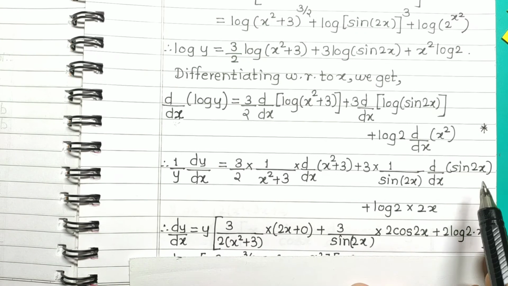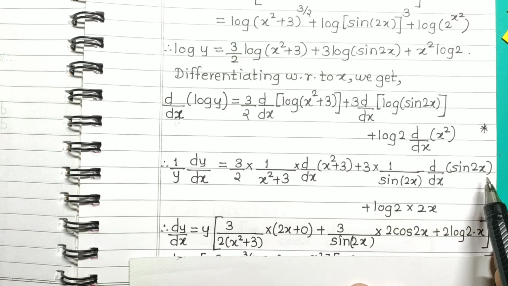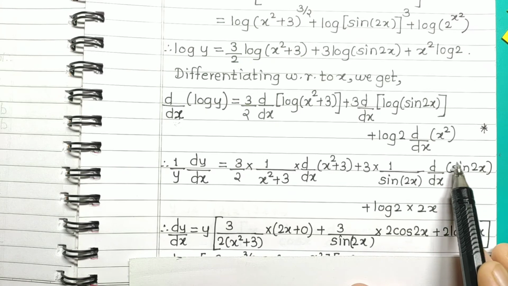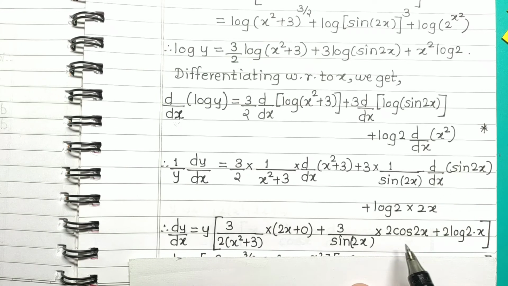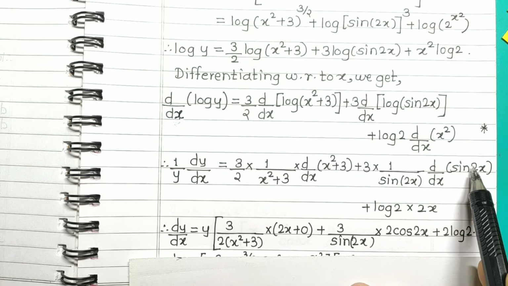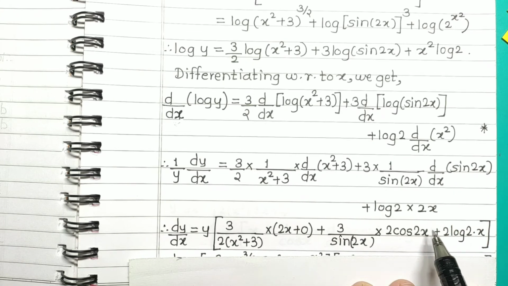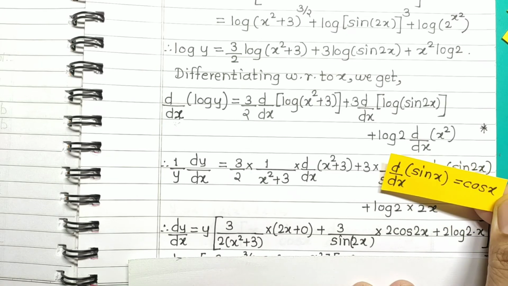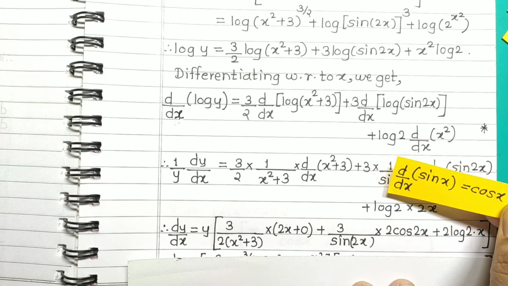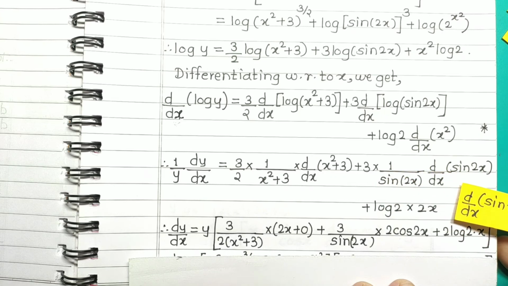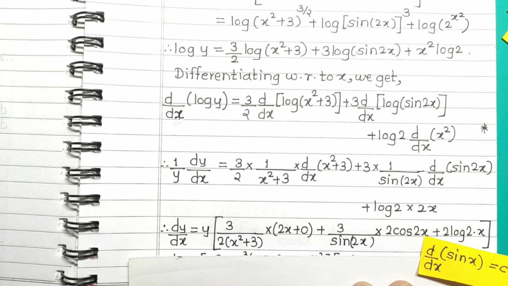Now see, again here it is a composition and I have written its derivative directly using the chain rule. See, sine of something, so its derivative is cos of something. We know that the derivative of sine x is cos x. So using this standard formula, we can write the derivative of sine of something as cos of something.